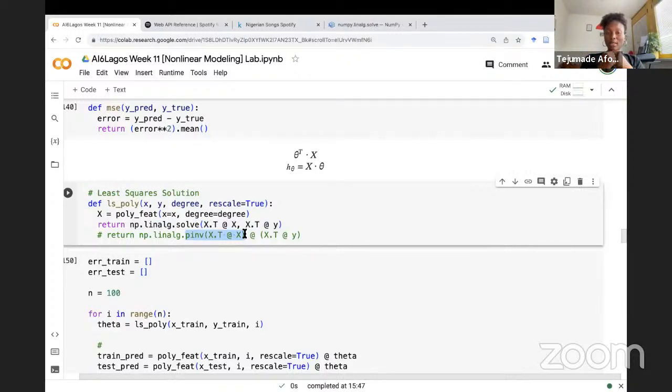So I think pseudo inverse is good, and a lot of implementations use it, but I cannot say that it's better to use this approach than that approach. I don't know, because solve is usually the most used approach.